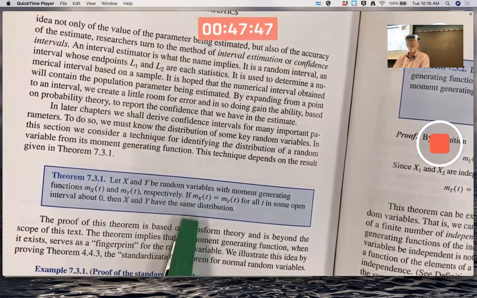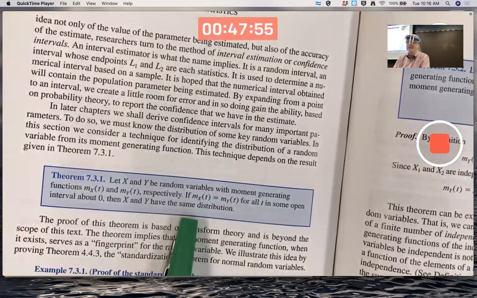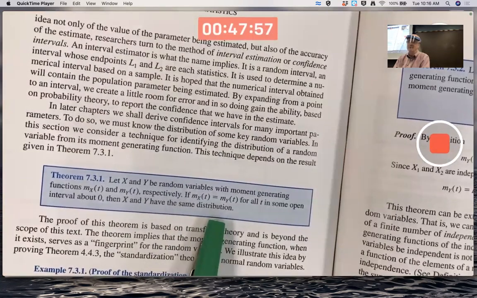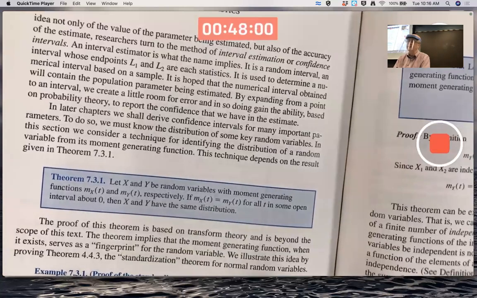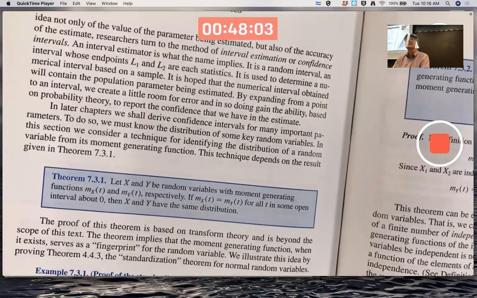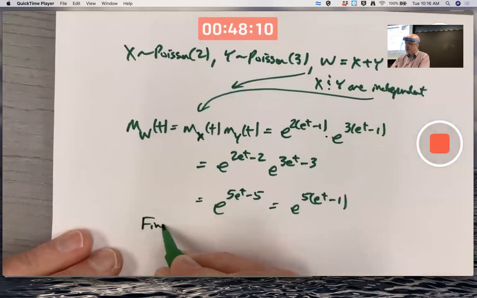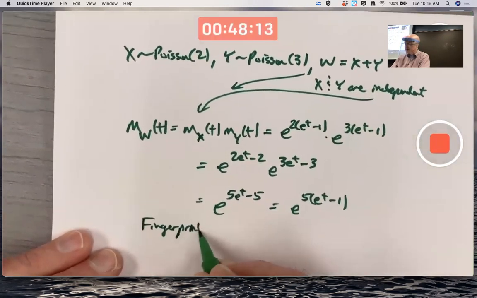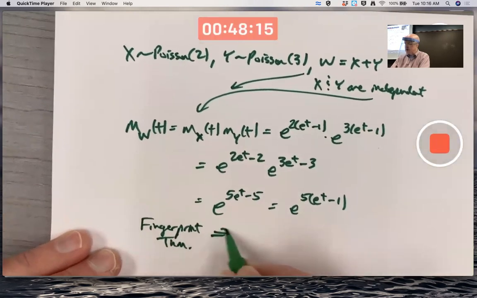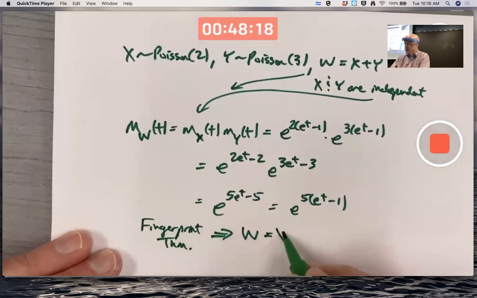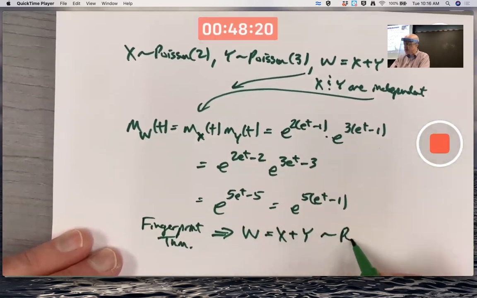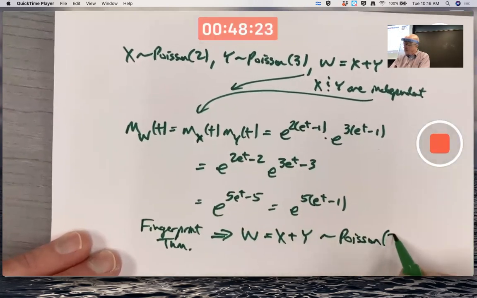You don't say they're the same random variable, because in a given situation, they could take on different values because of randomness. But you say they have the same distribution, which means they have the same PDF, the same CDF, the same mean, the same variance, etc. Fingerprint theorem now implies that W, which is the sum, is Poisson with mean 2 plus 3.